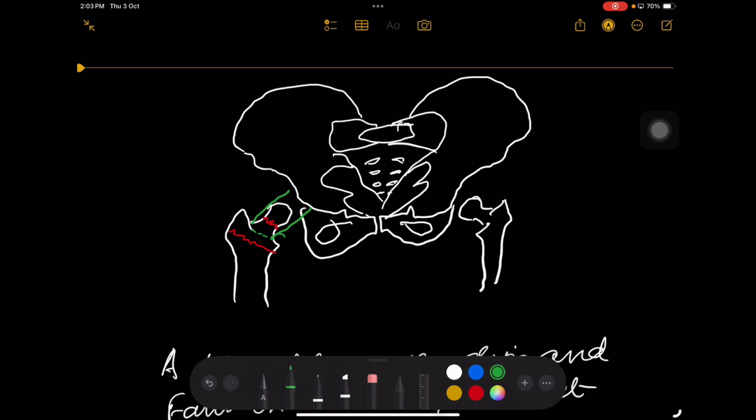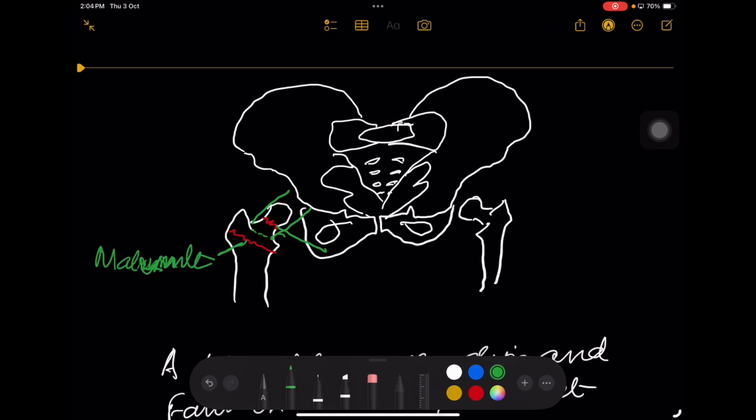And the third difference is that there is tenderness in the Scarpa's triangle in fracture neck of femur and tenderness on the trochanter in trochanteric fractures. The fourth difference is that if you see in an old case, a fractured trochanter will malunite. That is the complication of trochanteric fractures.